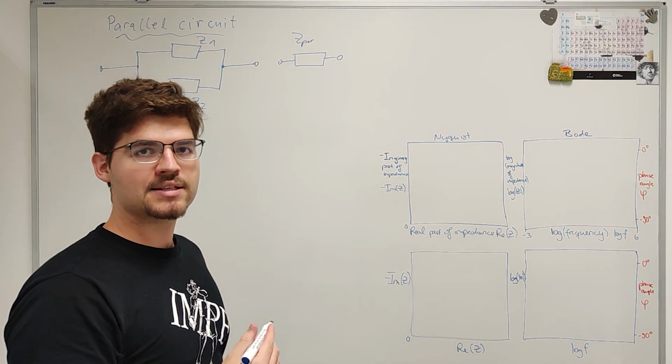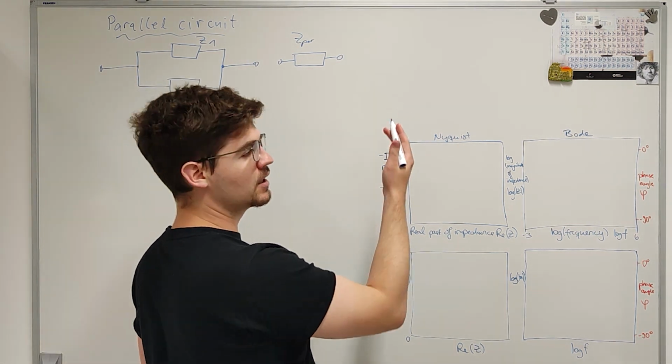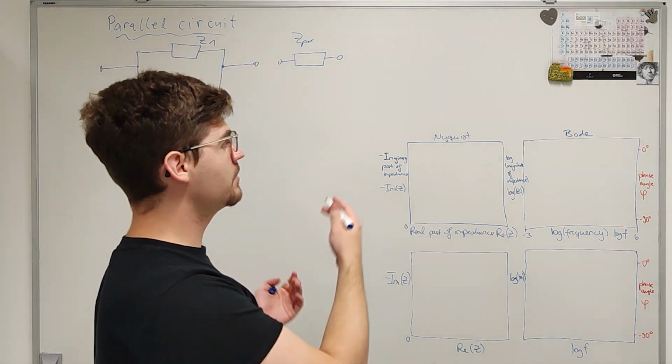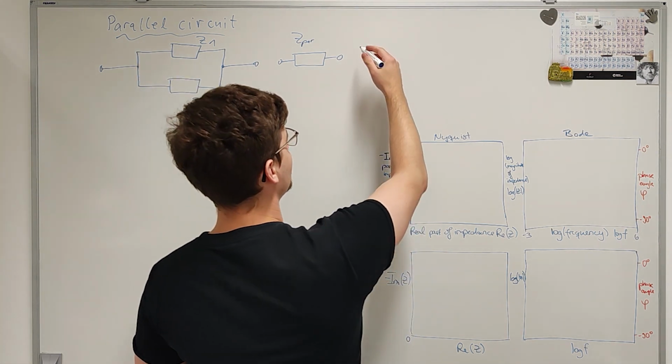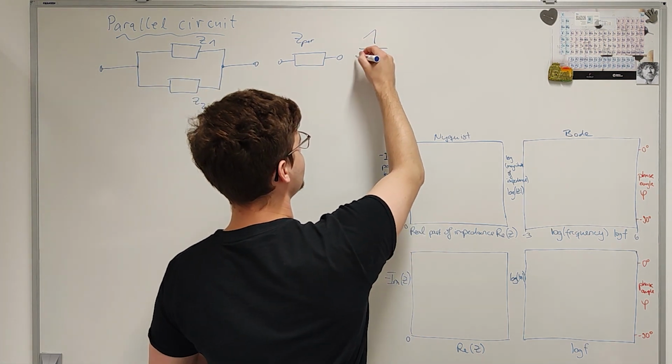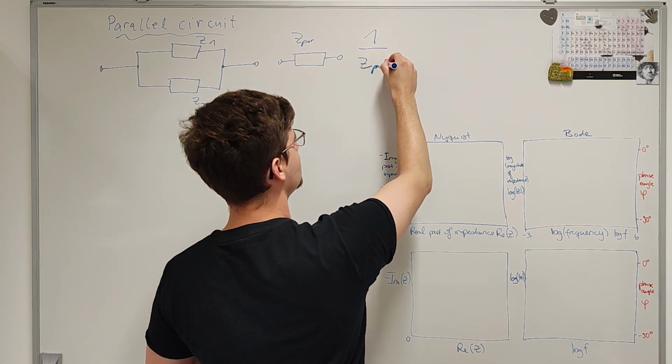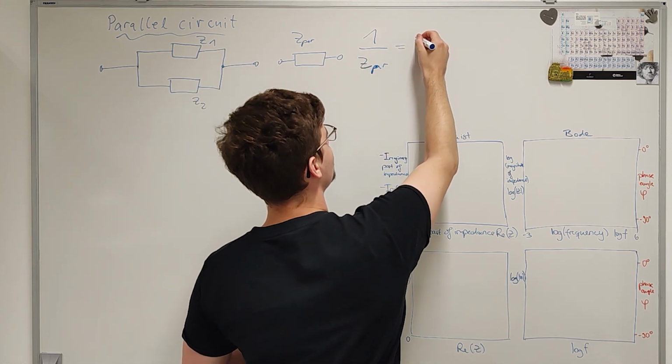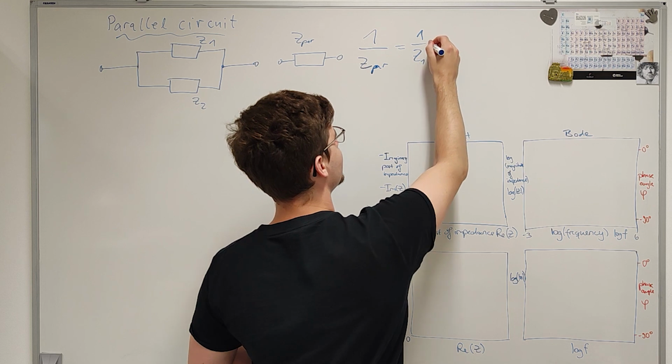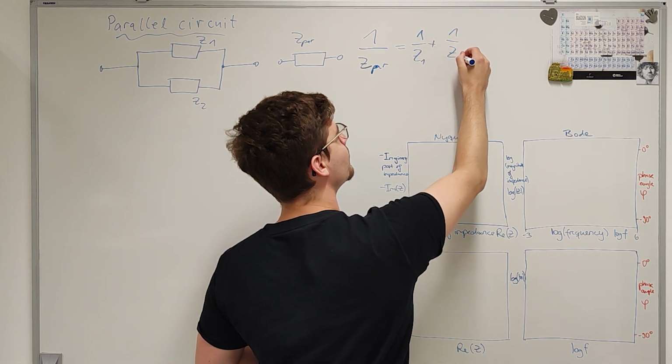And how we calculate this is the known formula. Either we use the reciprocal of the impedances that sum up. So one of the formulas is 1 over Z parallel equals 1 over Z1 plus 1 over Z2.